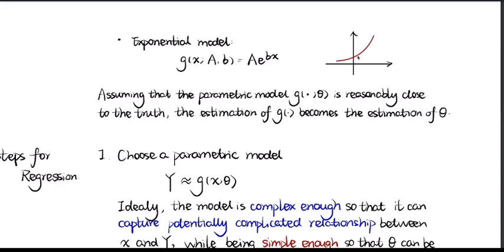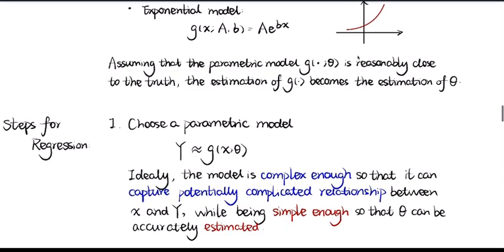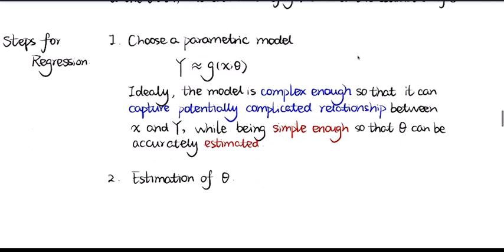So here we're still estimating a function the same way we were estimating a parameter before. Now we are estimating a relationship. Why are we estimating a relationship? Because we can never get an exact relationship anywhere in the world, since we're using finite data. Now, what are the steps for regression?